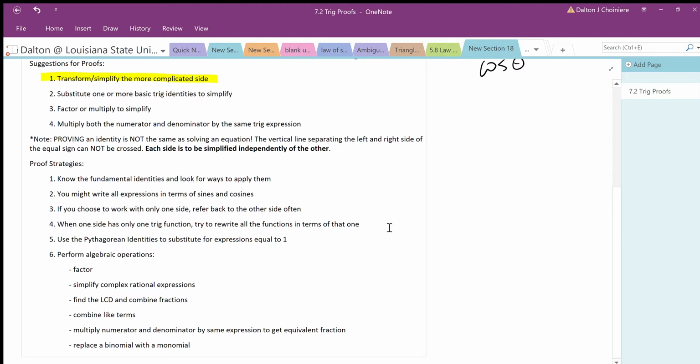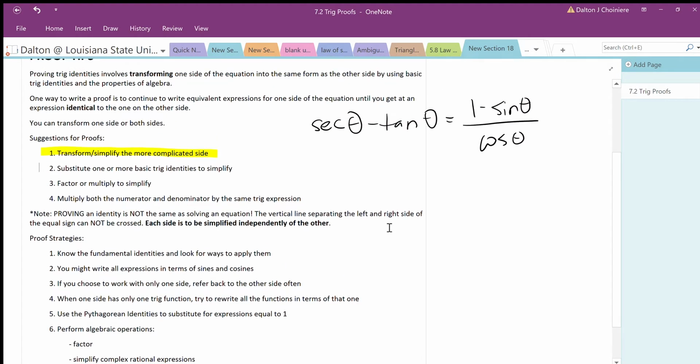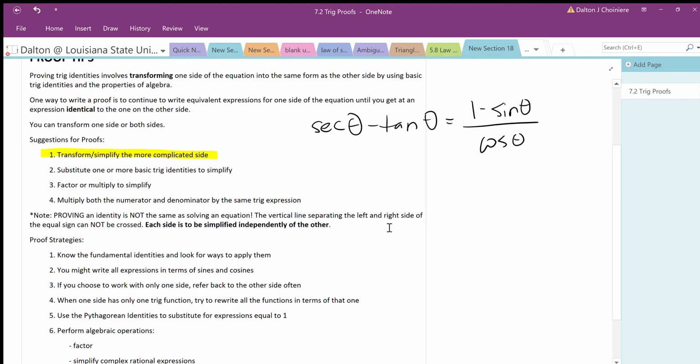This is one of the most important things for you to understand. Proving an identity is not the same as solving an equation. The vertical line separating the left and the right side of the equal sign cannot be crossed. Each side is to be simplified independently of the other. And here's what I mean.